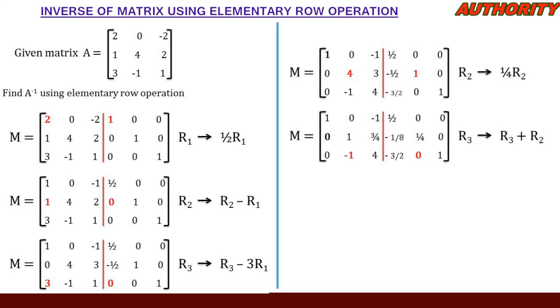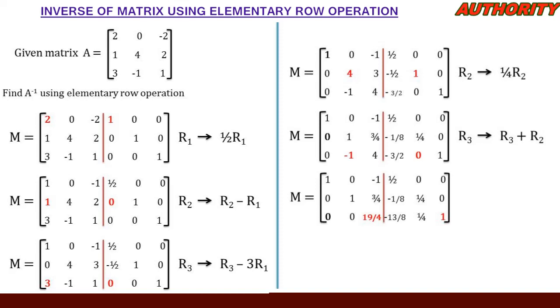When we perform this operation, we're going to have our desired result. So now, in row 3, the first element is 0, so 0 plus 0 equal to 0. Then for the pivot element, we have minus 1 plus 1, which is equal to 0.